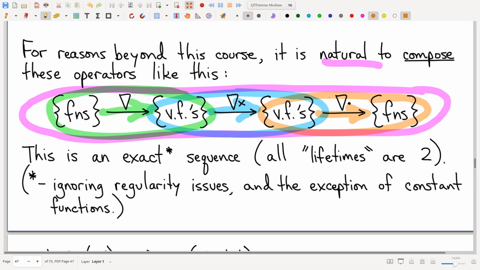What comes out of a gradient is the same kind of critter that goes in to the curl. So you can compose those together. What comes out of the curl, a vector field, is what goes into divergence. So these compositions fit, and the fact that they fit isn't the point. Again, for extremely sophisticated reasons, for reasons that eluded the best mathematicians in the world for 100 years.